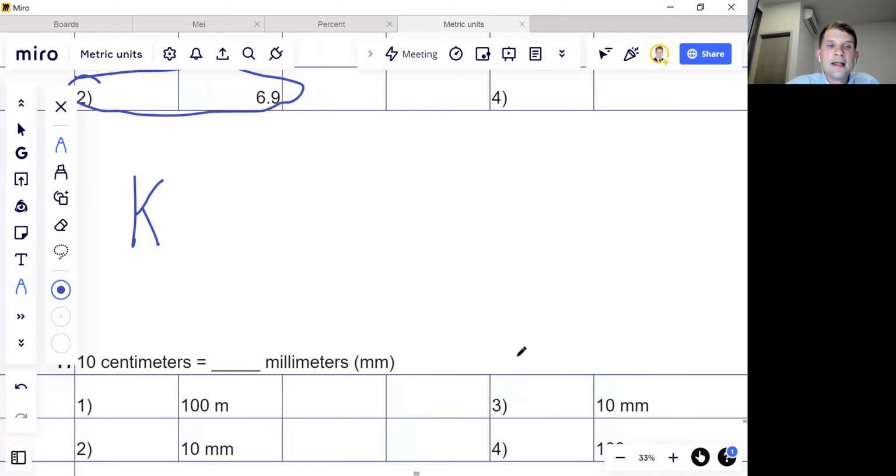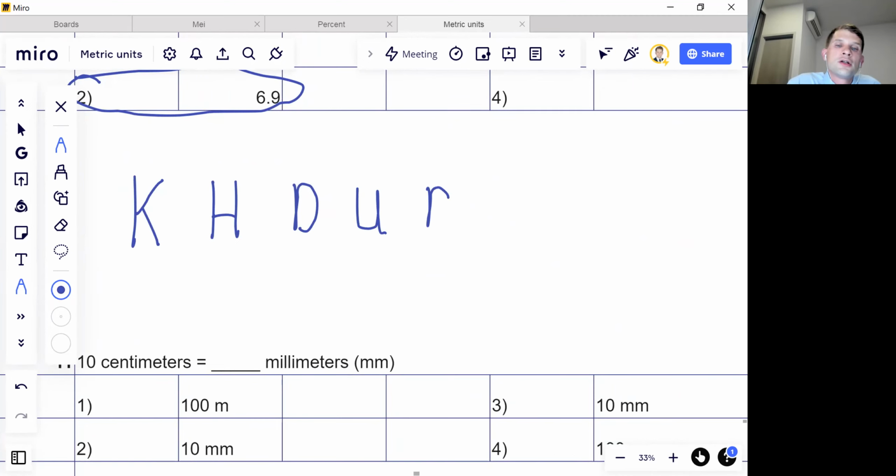This is King Henry died unusually drinking chocolate milk. And that's going to help us remember how to get from each of these units. So this would be, say, kilometers, hectometers, okay? This is decameters.